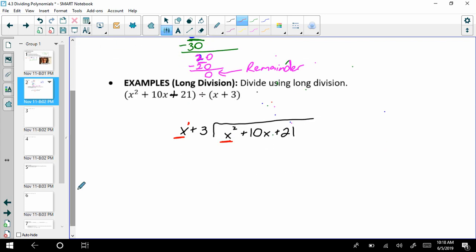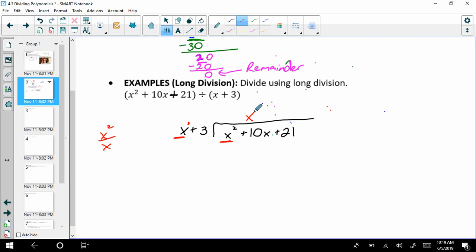We're going to do the same thing here. So think x squared divided by x. I'm dividing the x in. Ignore everything else. So x squared divided by an x, remember we subtract the exponents, we'd have just an x left. So that's what I'm going to write up top.